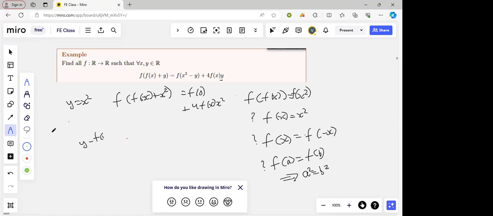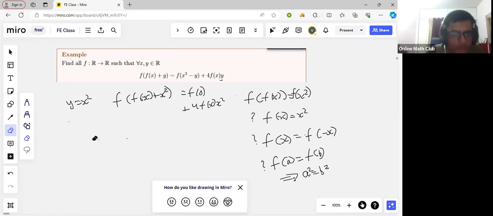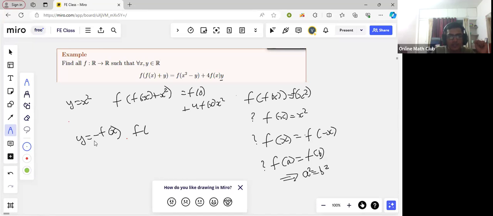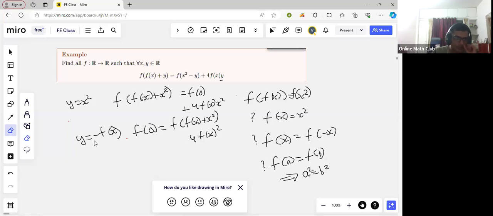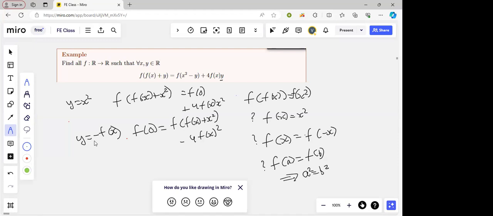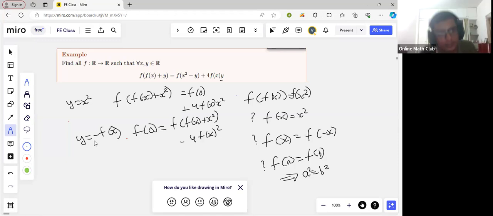If you put y equal to minus f of x, that gives something nice: f of 0 plus 4 f of x minus x. So what we can notice is that if we put y equal to x squared minus f of x upon 2, that's also a solution.